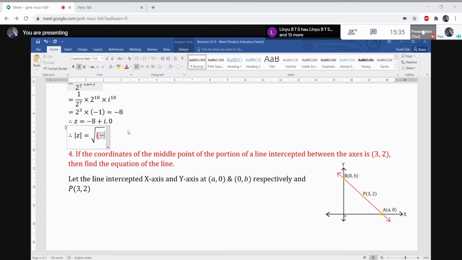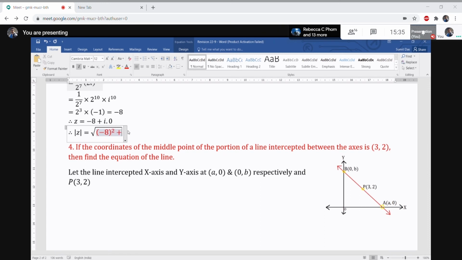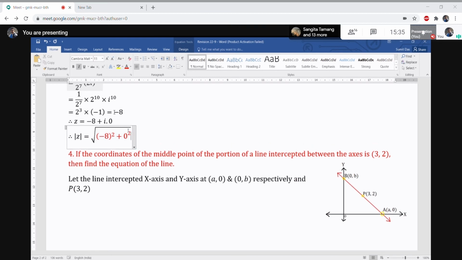So it will be 8 square plus 0 square. If you simplify this, it will be square root of 64, which is equal to 8. We'll take the positive value only.